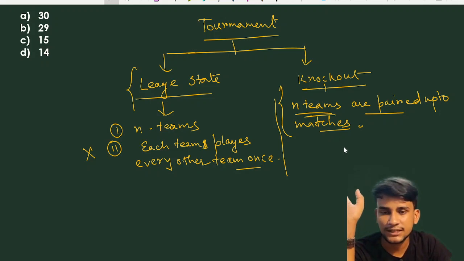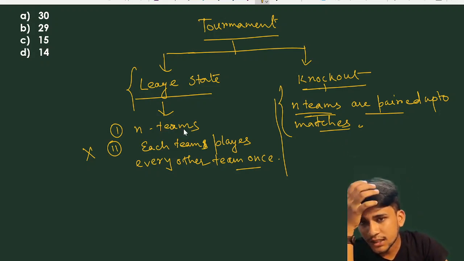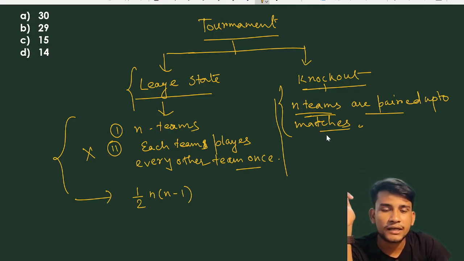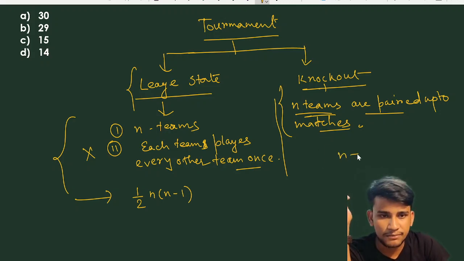And the main concept is the number of matches: in the league stage, if there are n teams, the total number of matches is half n into n minus 1, and for knockout cases this is simply n minus 1.